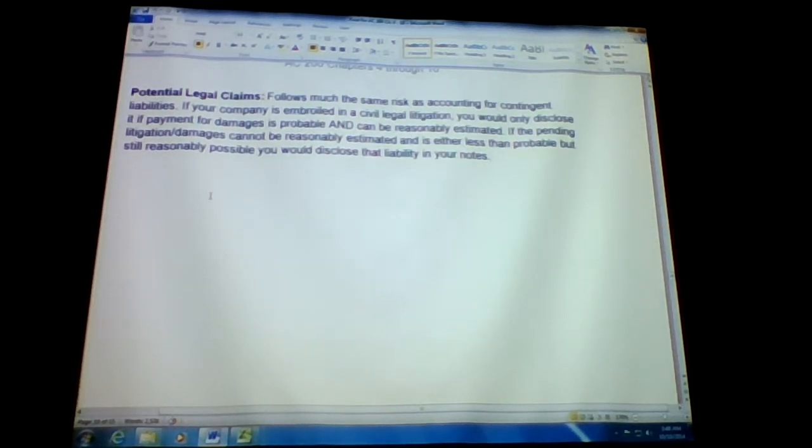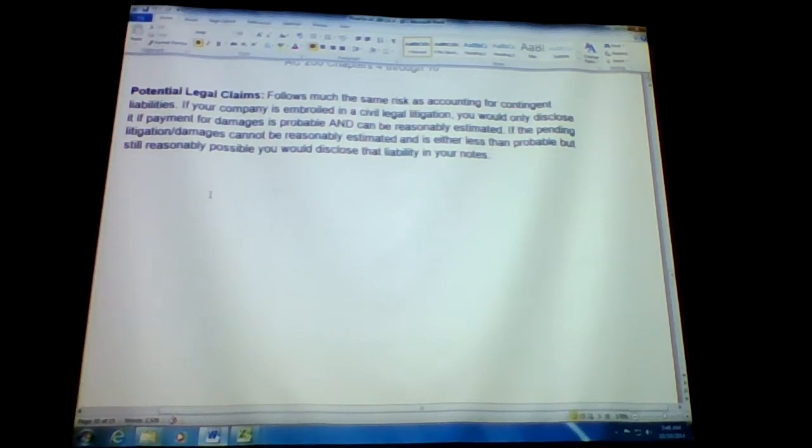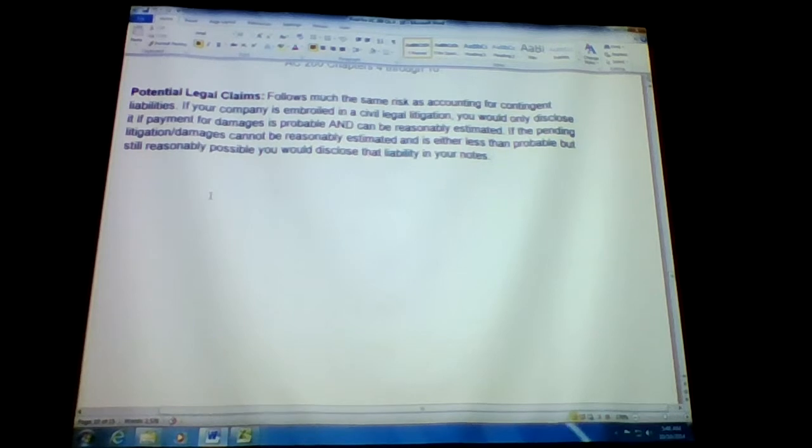Potential legal claims are very interesting in this chapter for you. They follow much the same rules as accounting for contingent liabilities. If your company is embroiled in a civil legal litigation, you would book a liability if payment for damages is probable and those payment for damages can be reasonably estimated.